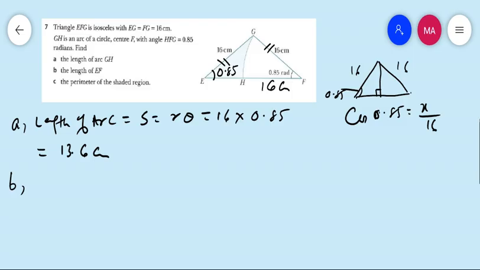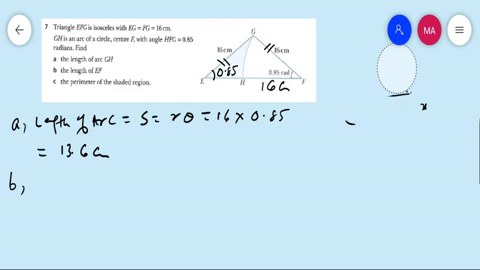No, I will use another strategy to find the length of EH.